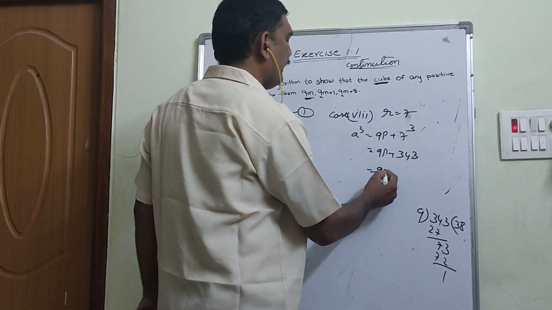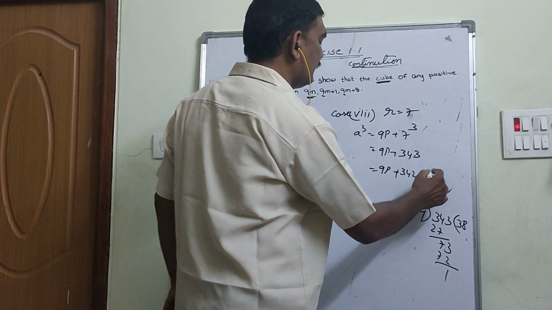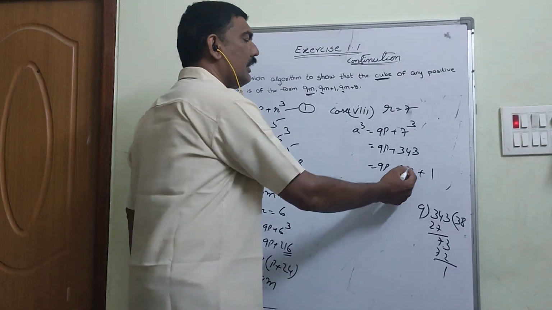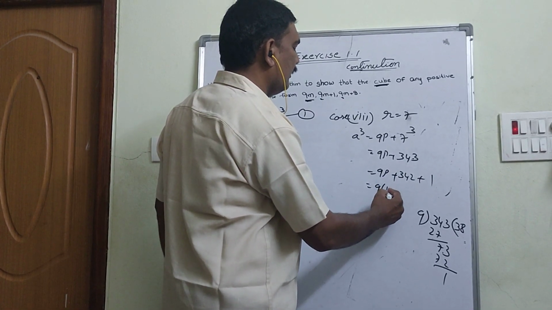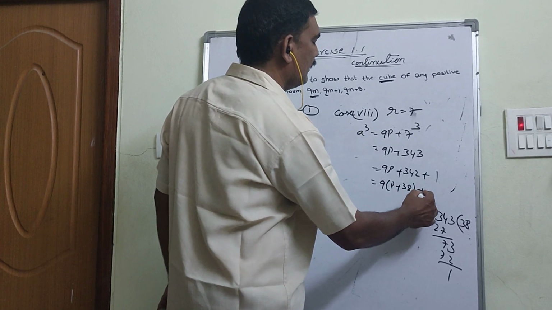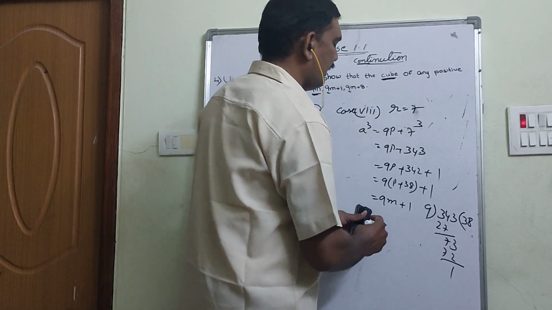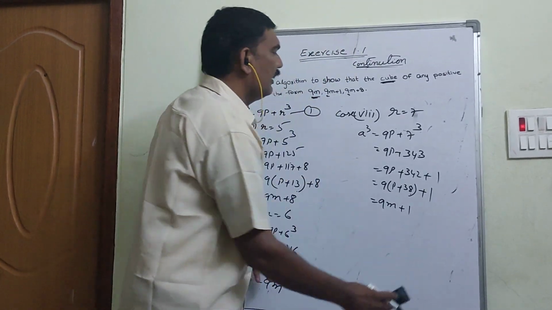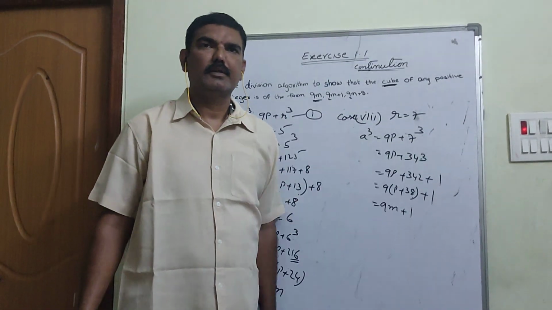So here 9p plus 342 plus 1. 342 is divisible by what? 9. P plus 38 plus 1. 9m plus 1. Therefore, the problem follows.